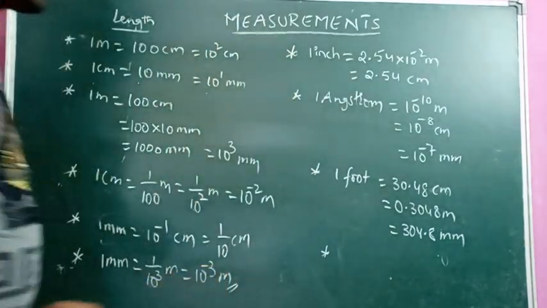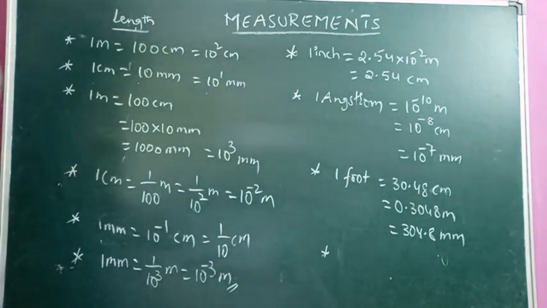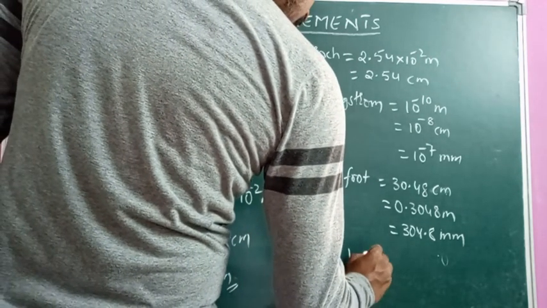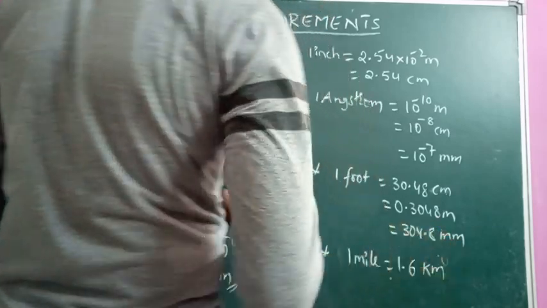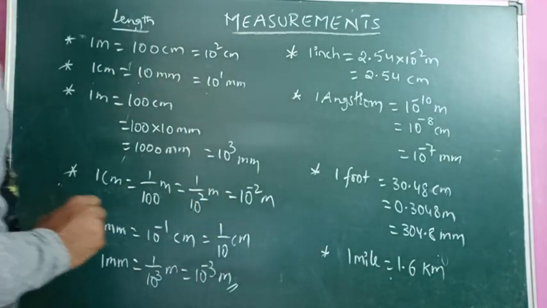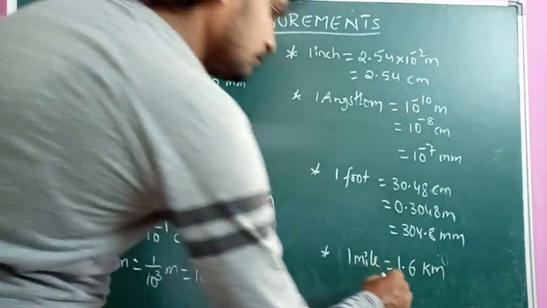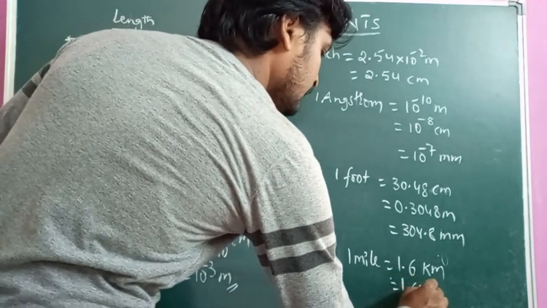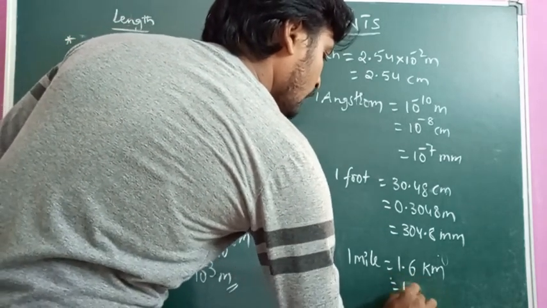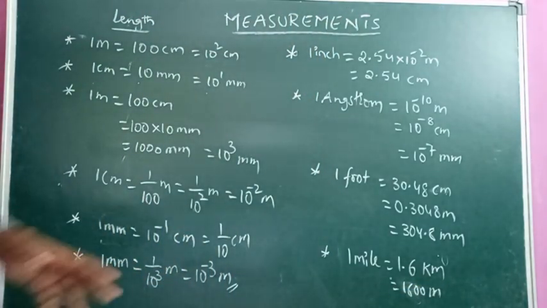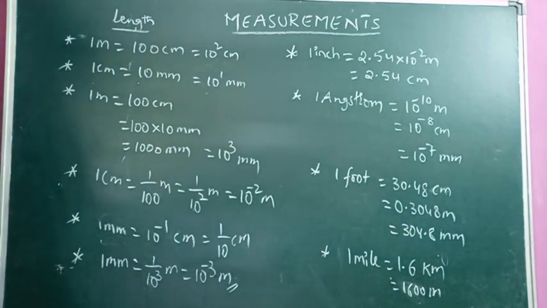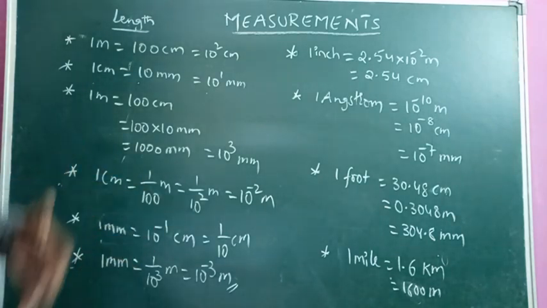And 1 mile is equal to nearly 1.6 kilometers. If you write that value in meters, that is 1600 meters. So these are the values which are related to length.